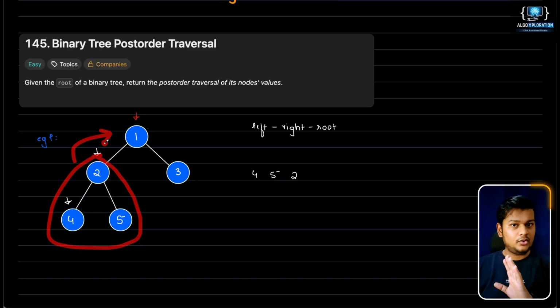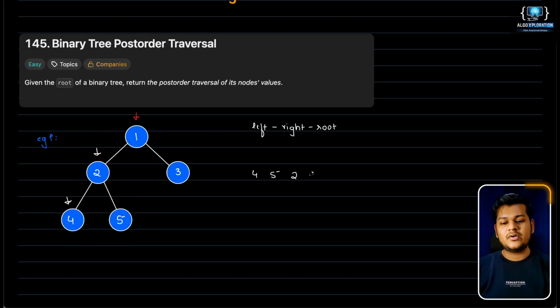Should I print it now? No. After coming over here, I need to process the right one. So 3 will be printed because 3 is a child node. So 3 will be printed and then I will print 1. I believe you got it. So over here, you can see that first 2 and 3 will be printed and then the parent. And over here also, you can see that 2 has children 4 and 5. So 4, 5 are printed and then 2 is printed. Okay, I believe you got it.